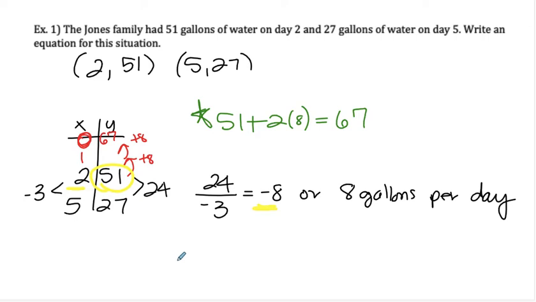So just on a sidebar here, if you had a different table, and like I said, if you're 30 away and your output is 250, how could you find 0's partner? And let's say our slope again is 8.